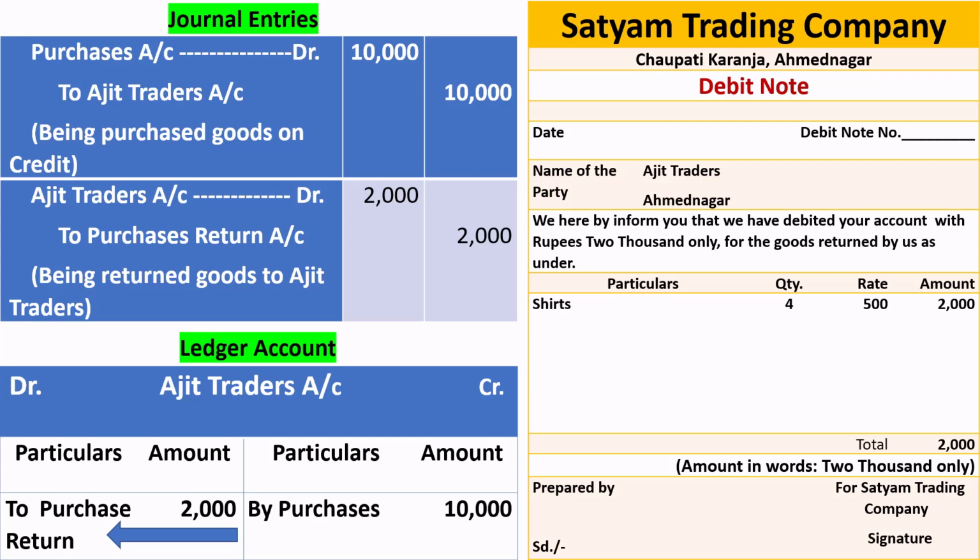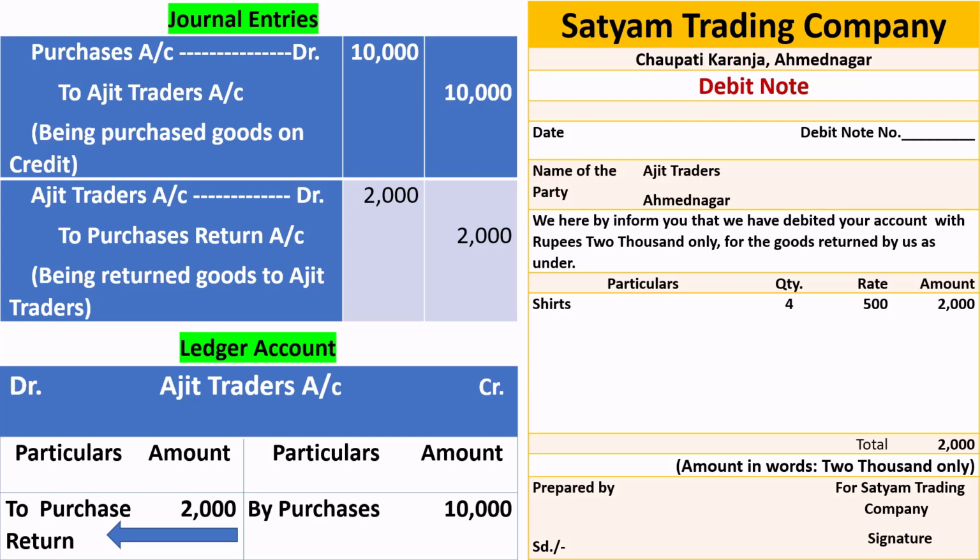The total amount is 2,000. So dear students, whenever there is a transaction of purchase return and sales return, one person, that is the seller, issues the credit note and the buyer issues the debit note, simultaneously.